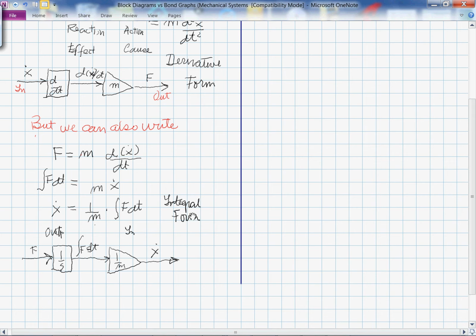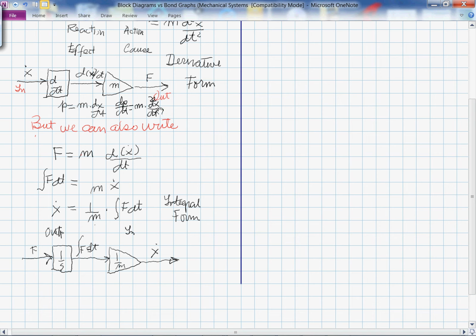One thing that we should add to both of these is the concept of the variable p, the momentum. The momentum is really m times dx dt here. But if you differentiate the momentum, dp dt, you have m times d squared x dt squared.